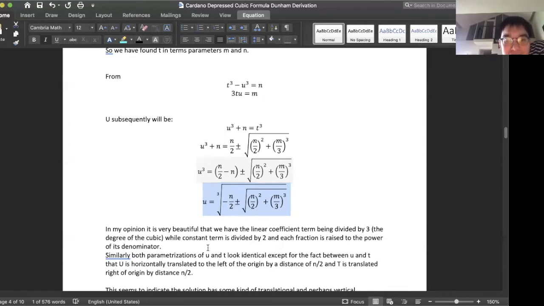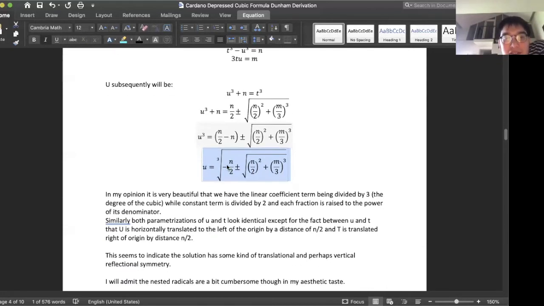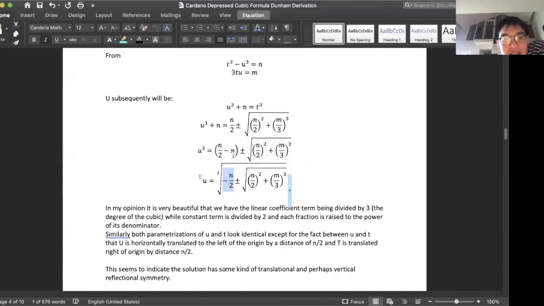Similarly, both parameterizations of u and t look identical, except for the sign. And if you were to interpret geometrically, you could think of, at least for inside the cubic radical, the difference between u and t is that u is being horizontally translated, however you describe that in 3 dimensions, to the left of origin by a distance of n over 2, whereas t is horizontally translated to the right by a distance of n over 2.